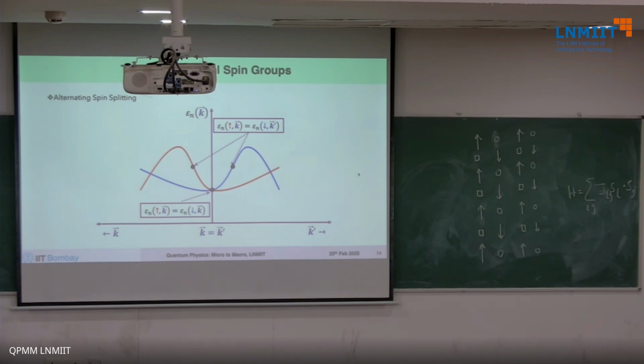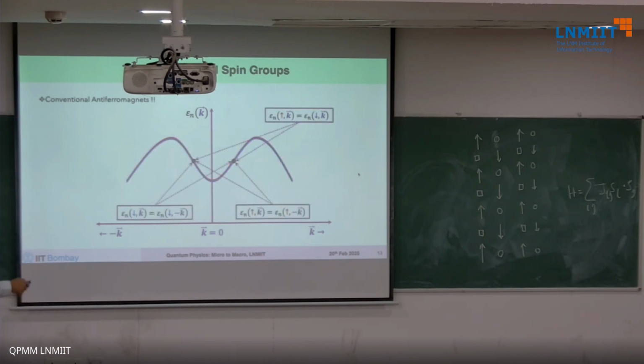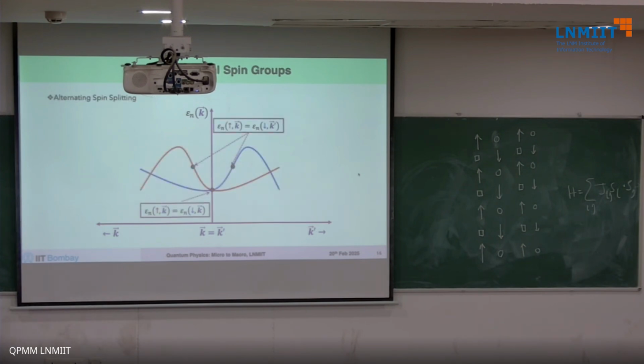However, if I have alternating spins, which is a similar situation like this, which means my spin sublattices do not have the same environment around them, in that case you will get a splitting in the bands, unlike a conventional case. Because of the certain symmetry satisfied by this, and especially the rotational symmetry, you will see that at some K point, these up and down bands are split.